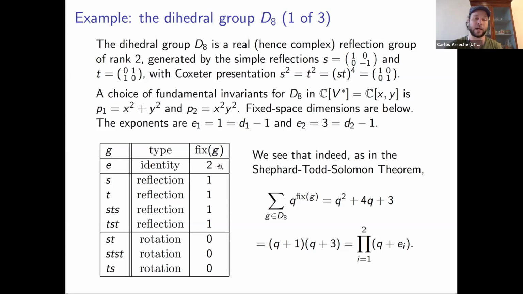In this group, besides the identity, which has fixed space of dimension 2, which is why you only see one q squared appearing here, there are 4 different reflections, and so you get q to the 1st power 4 times, and then the 3 rotations only fix the 0 subspace, and that's where you get the constant 3. And indeed, in this case, you see that the sum over the group factors into a product of linear factors involving the 2 exponents 1 and 3.